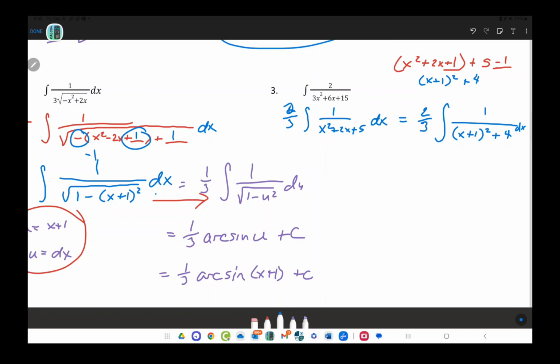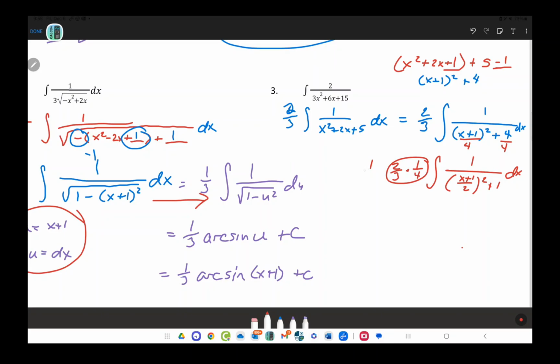All right, keep going. Then I ended up with the 2/3 as 1 over x plus 1 squared plus 4. Then I had to take out a 1/4. So 2/3 times 1/4 is 1/6. And then it's 1 over x plus 1 over 2 squared plus 1. Then I labeled my variables.